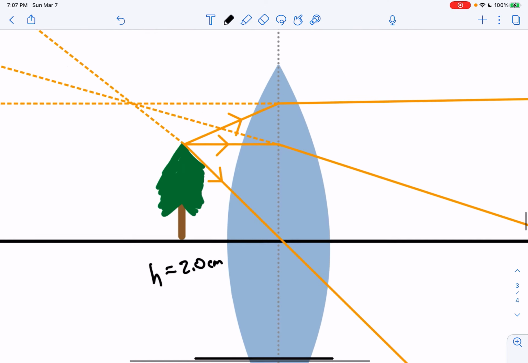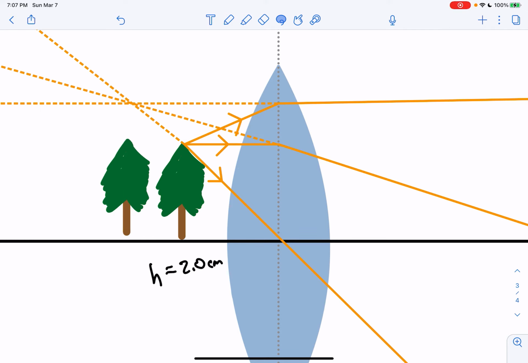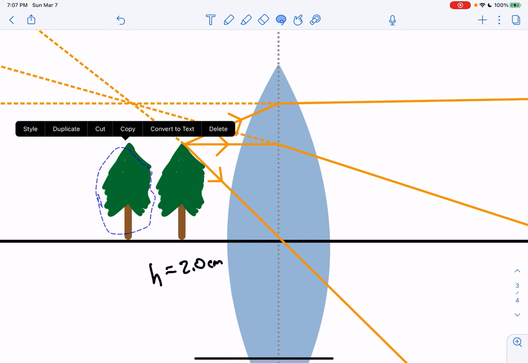Let's now do what we did before initially and grab our original object and see what we're being told from the ray tracing. Well, we're being told that the image will be located farther away from the lens than the original object.